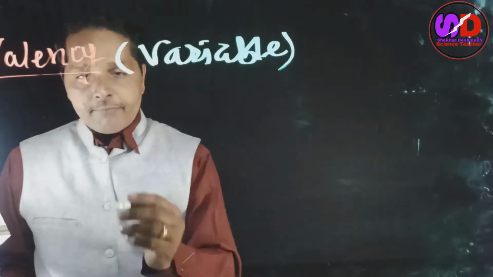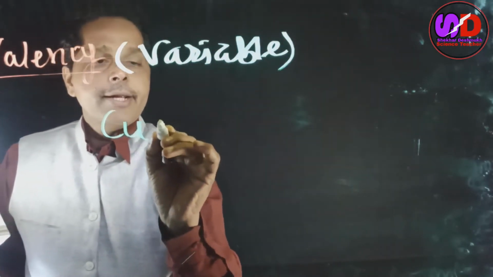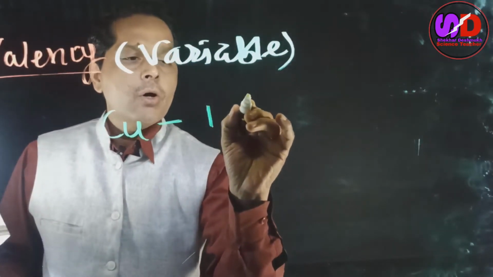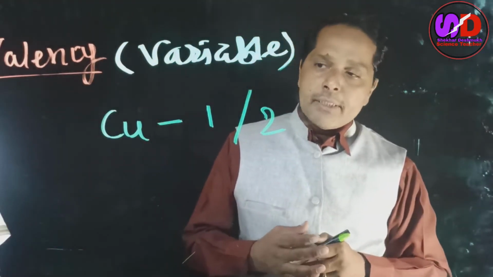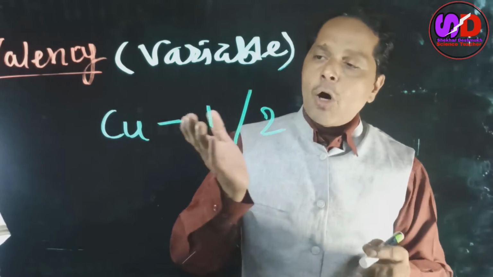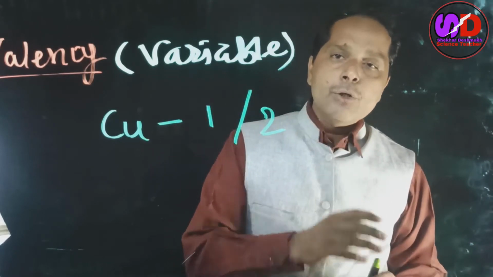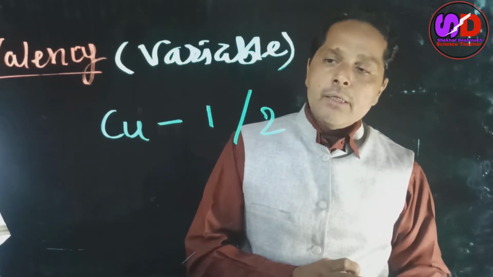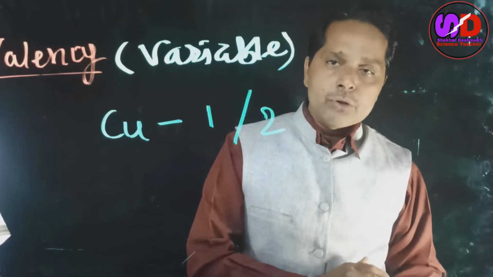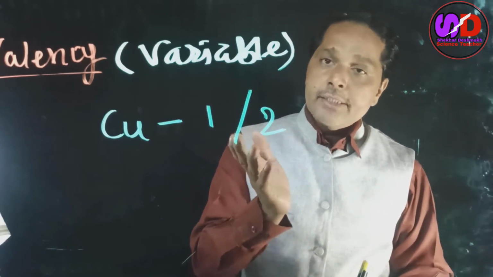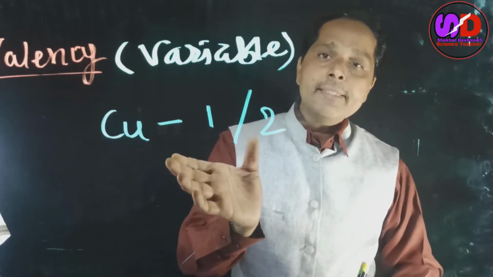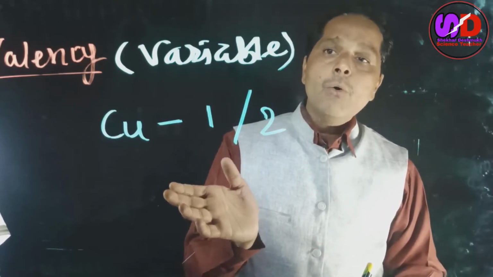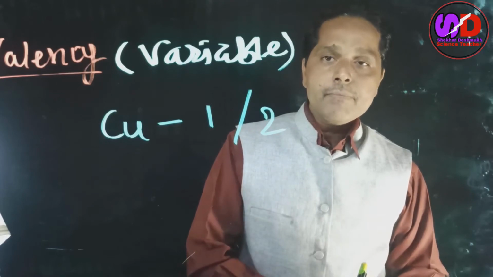Look, copper has valency 1 or 2. That means in certain conditions copper gives 1 electron, or sometimes it gives 2 electrons. So the valency changes, and therefore such elements are said to have variable valency.